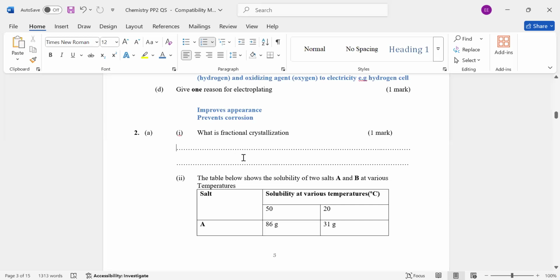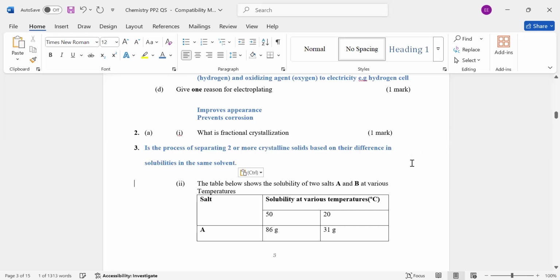So this is a method of separation, whereby you separate two solids based on their difference in solubility in the same solvent. The process of separating two or more crystalline solids based on their difference in solubility in the same solvent. So this is very important.